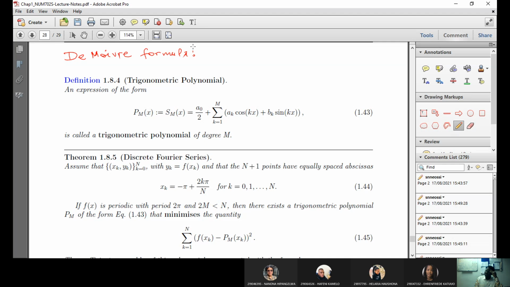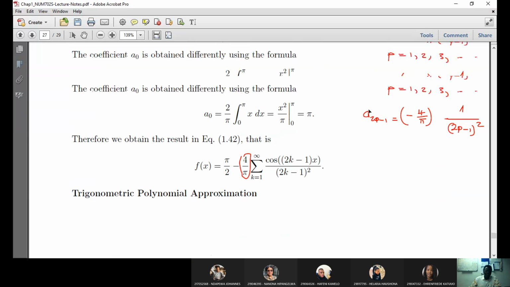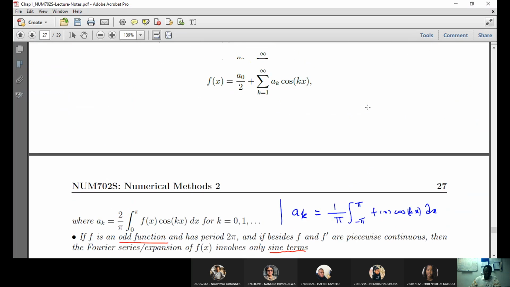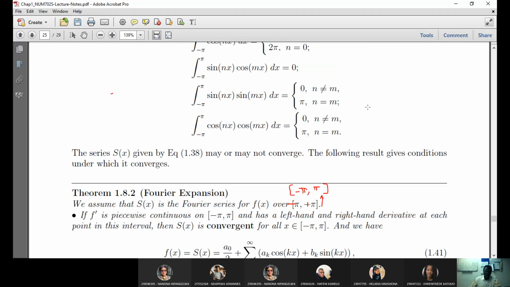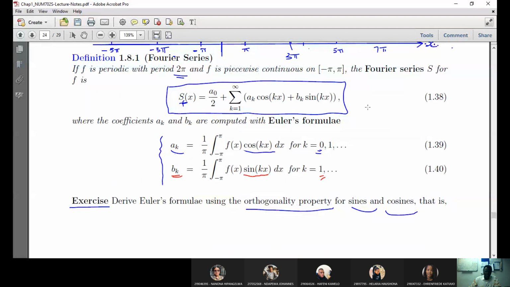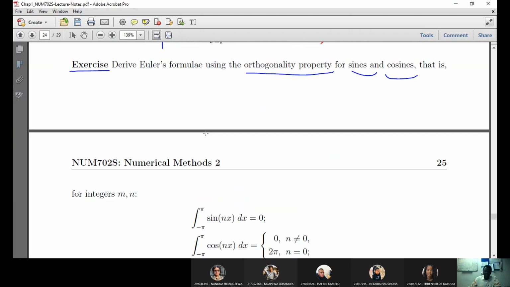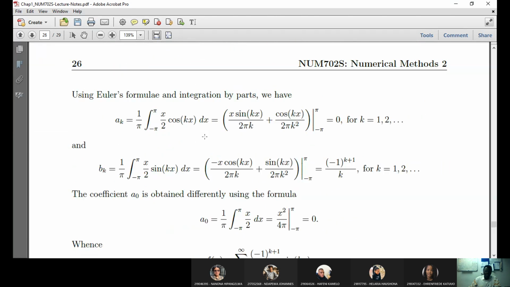In some textbooks they also call it Euler's, because Euler's formula is the definition of the a_k's and b_k's that we saw.